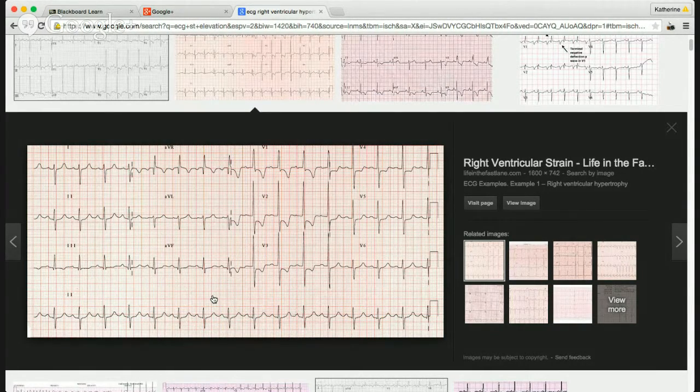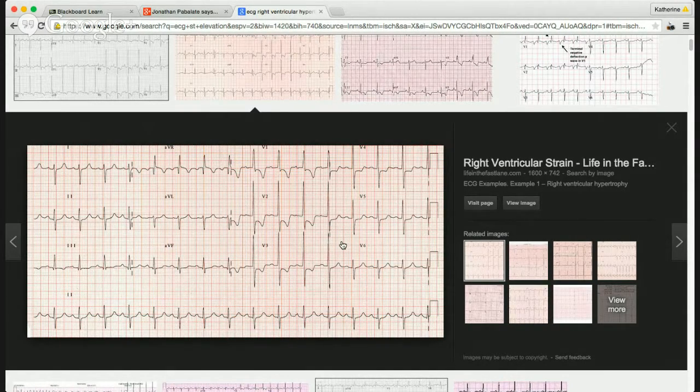Next we have hypertrophy, and I'm going to look for atrial hypertrophy in lead V1. I'm looking for a biphasic P wave, which I do see throughout lead V1. It is not present in V2, V3, V4, V5, or V6, just in lead V1, which is what I would expect.